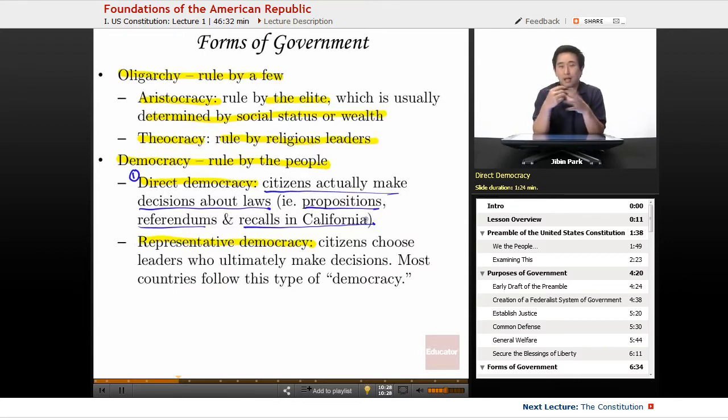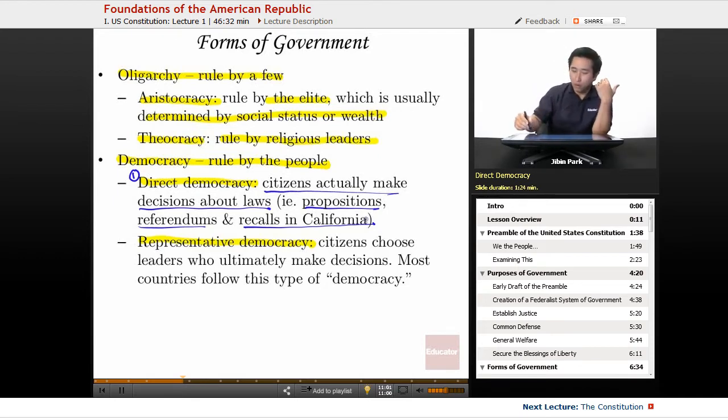In California, the people actually make decisions on laws on gay marriage or abortion, or whether or not chickens should be transported with 14 inches of space while in transit. Some matters are really complicated, and California voters are deciding whether or not to implement them as part of the legal code. That's an example of direct democracy.